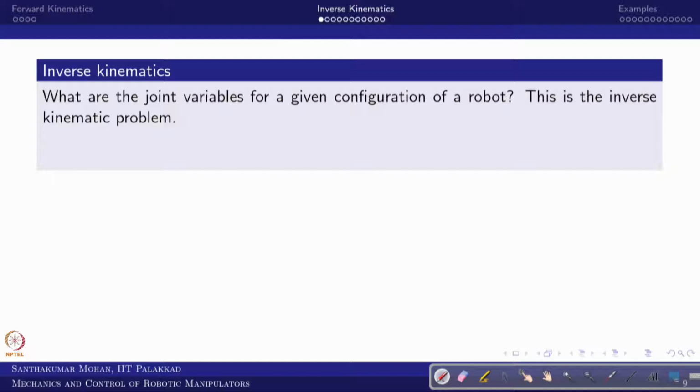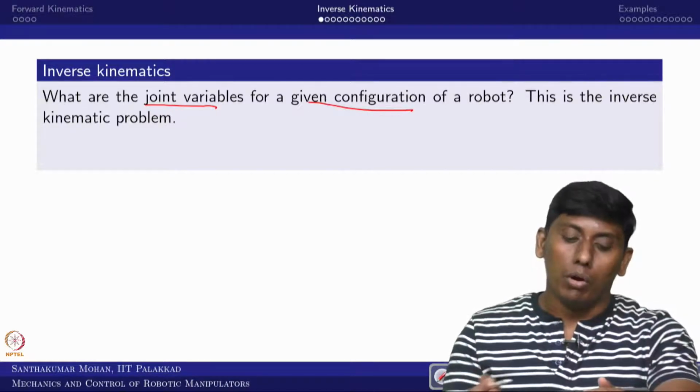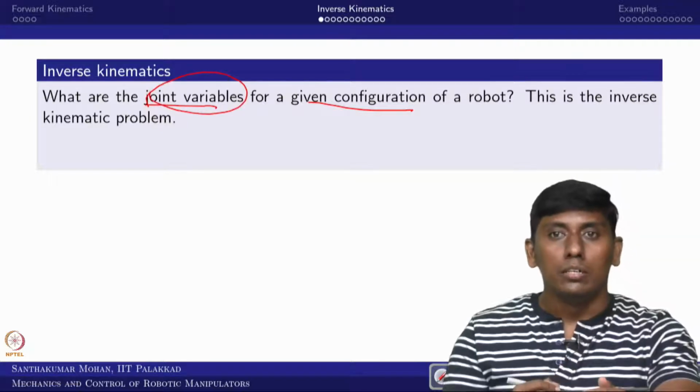Okay. So now I will attempt to explain what inverse kinematics is. Inverse kinematics is nothing but finding the joint variables to meet a given end effector. What that means is, for a given configuration of the robot, what joint variables do I need to give it.